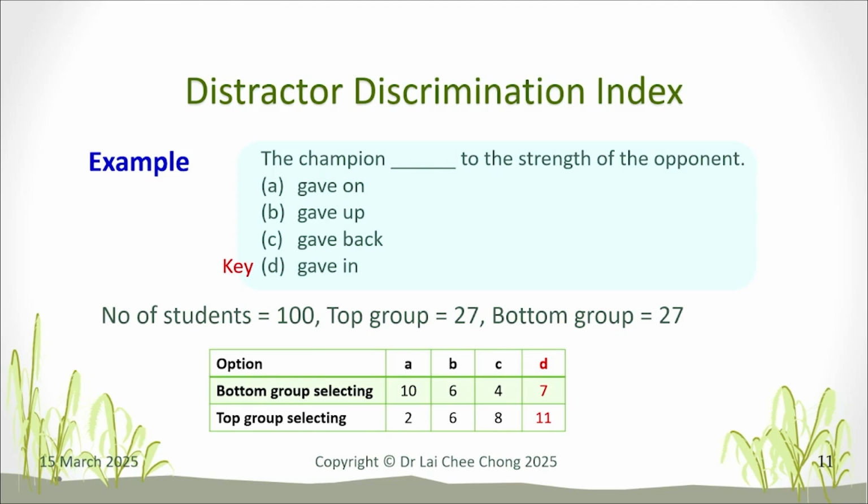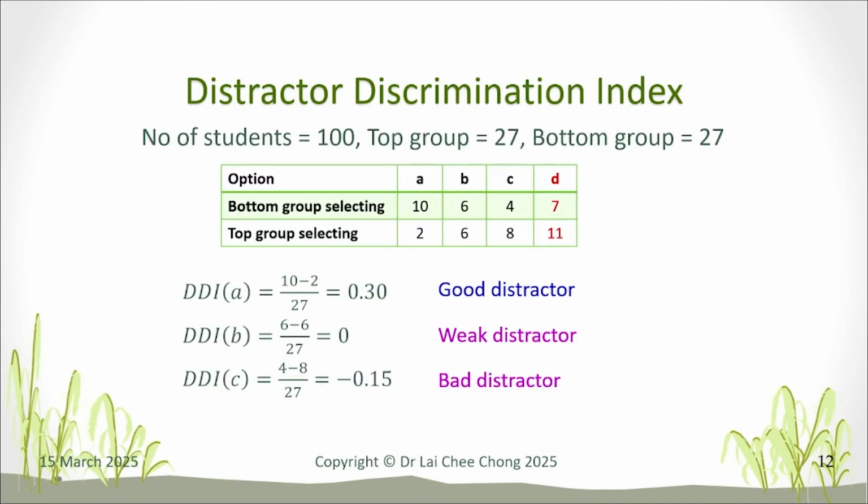Now, let's see how they would choose it. So, they go to this one here. Then you see that this is how they would choose it. Okay, so 2 from the top group, 10 from the bottom group, so on and so forth. So that's the table. Now, after you capture this data, then you do the analysis. I'll just take one of them, okay?